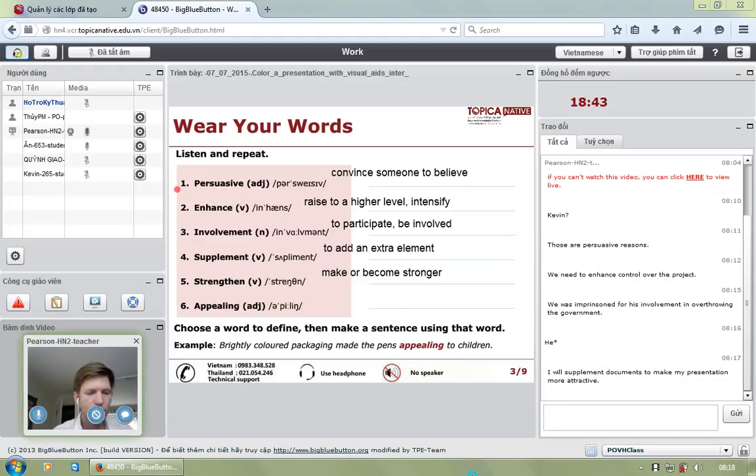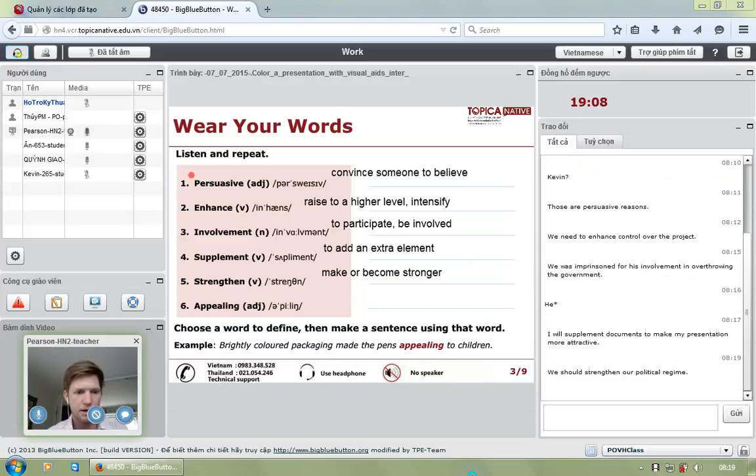Okay, and can you use that in a sentence? We should strengthen our political regime. Okay, we should strengthen our political regime. Yes. Okay, good. That's a good sentence.